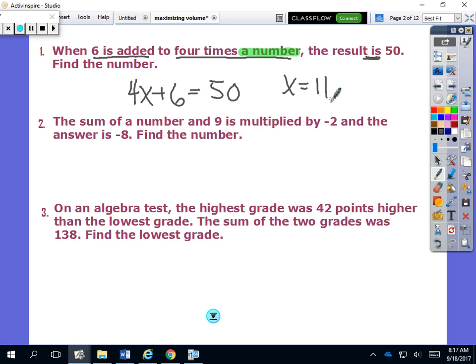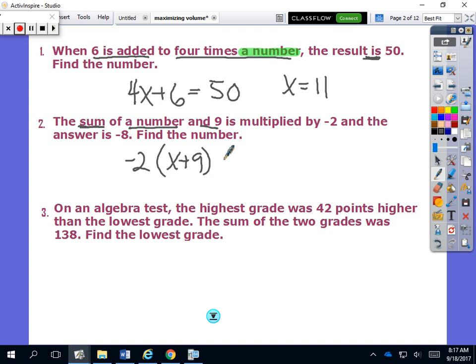The second one: the sum is again addition, of a number and 9. So our number is being added to 9, x plus 9, and this sum is multiplied by -2. So when it says the sum of a number and 9 is multiplied, you have to use your parentheses for that sum and then put the number on the outside.